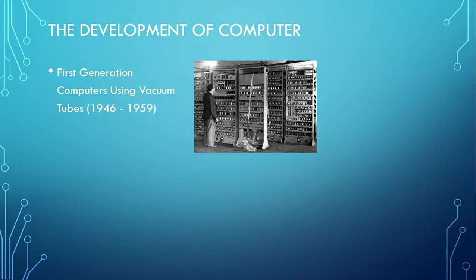Program can only be made using machine language. 4. Use magnetic cylinder to store data. 5. Requires enormous electric power. 6. Need a cooling machine because it gets hot quickly.